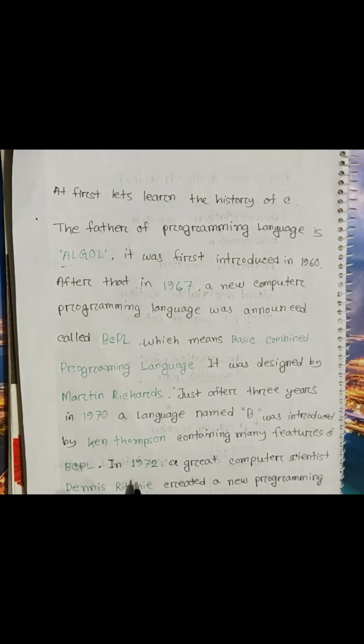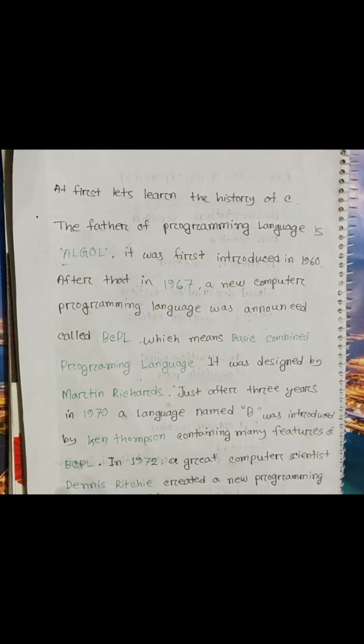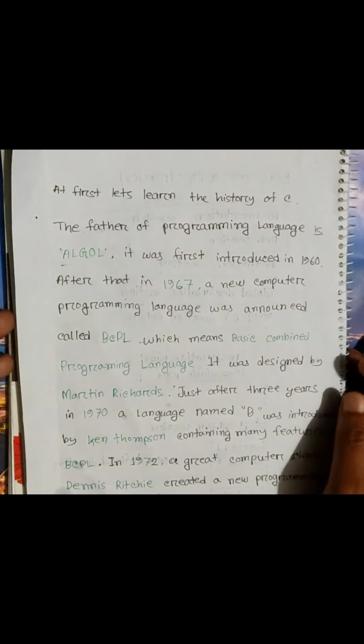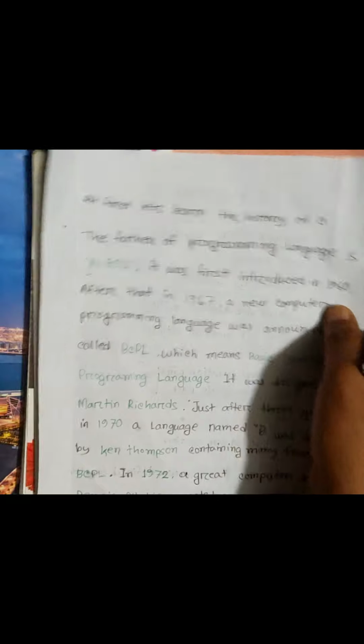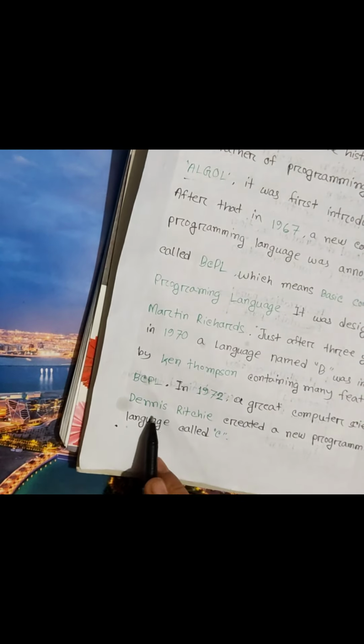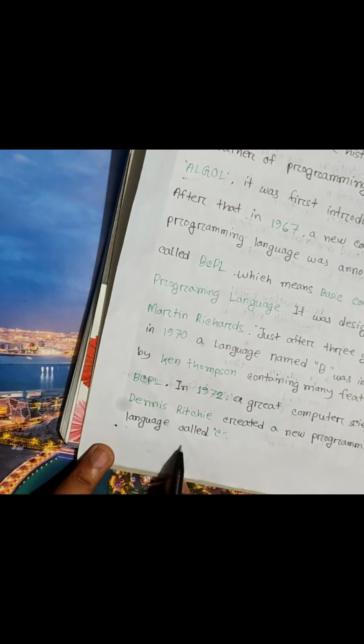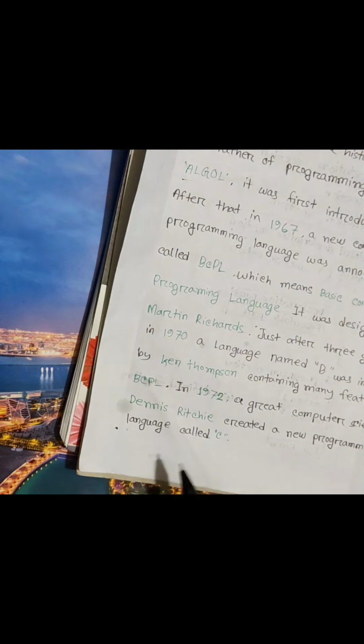In 1972, a great computer scientist, Dennis Ritchie, created a new programming language called C. It was the history of C.